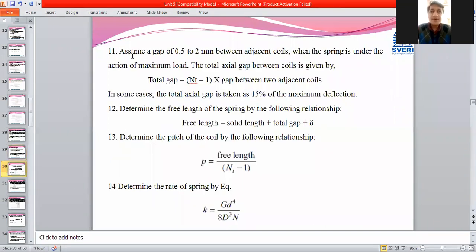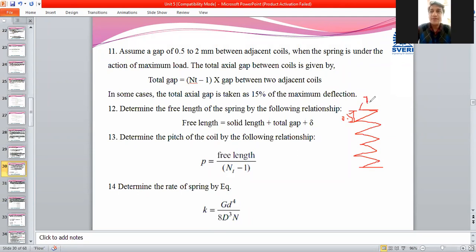Next, we have to assume the gap between the adjacent coils as 0.5 to 2 millimeter as per the application. This we have not seen in the last lecture. It means that when we assume the spring for the compression condition, we have to assume the gap between two coils, and that will be a value from 0.5 to 2 millimeter as per the requirement.